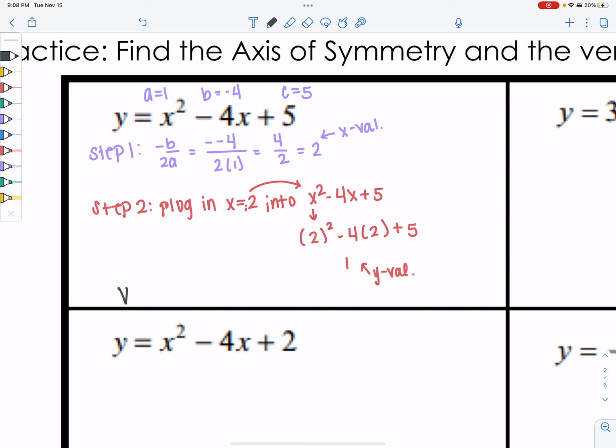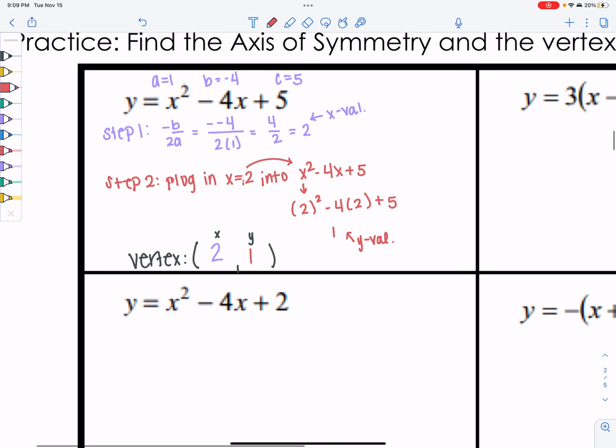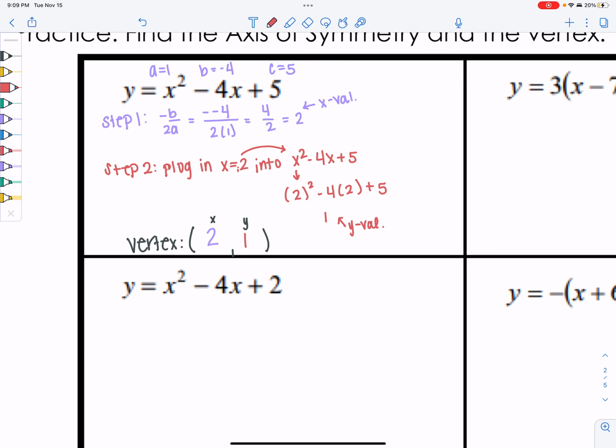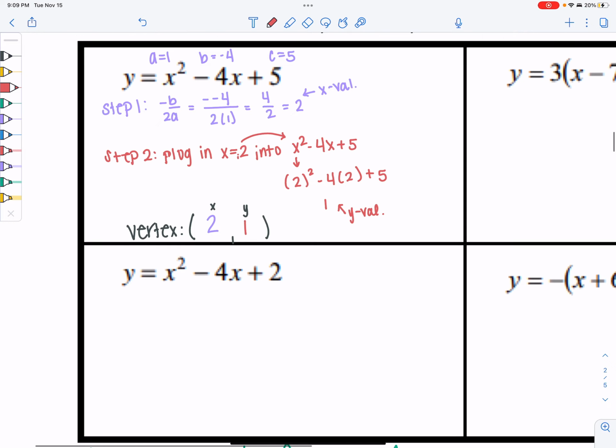And so my vertex is going to be x comma y, and x is 2 as found in step 1, y is 1 as found in step 2. And so that would be my vertex. All right, I would like for you to pause the video, try the second one, and then check with mine.